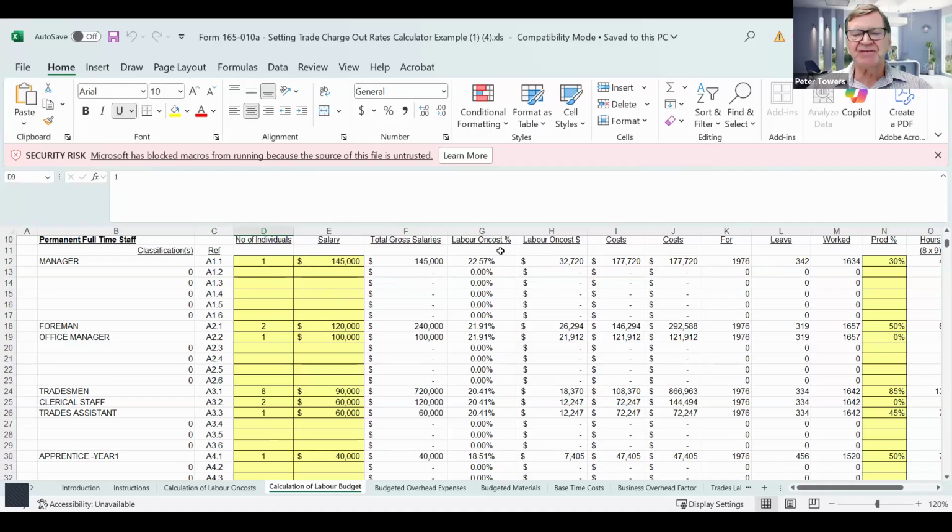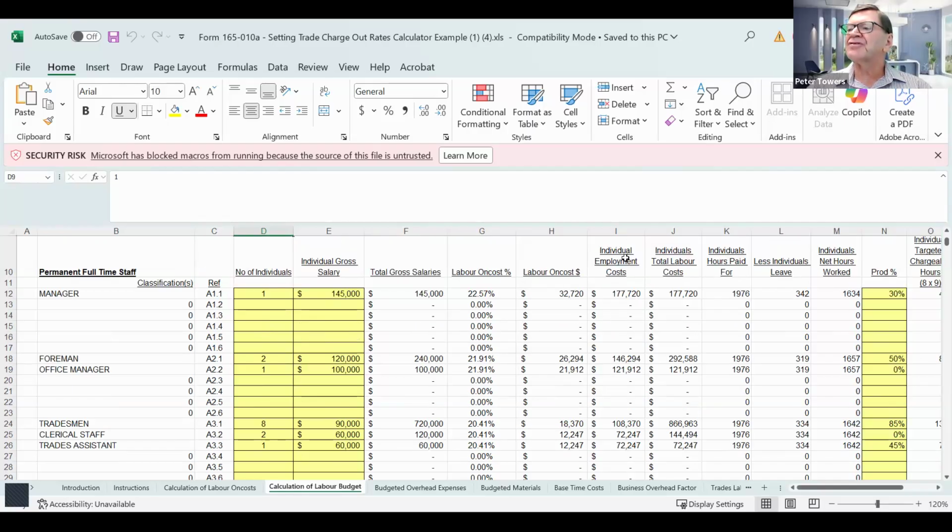The system transfers across from the labour on costs the on cost percentages, and the labour on cost is calculated, and it's added then into the costs for an individual person, and then it totals what it is for that category. In this case, foreman, that's that figure. We then insert the individual hours being paid for in the year. These are full-time people, so that's their details.